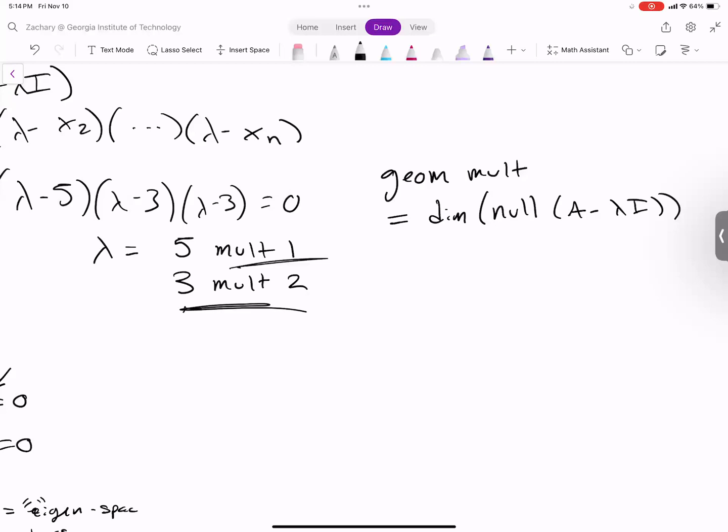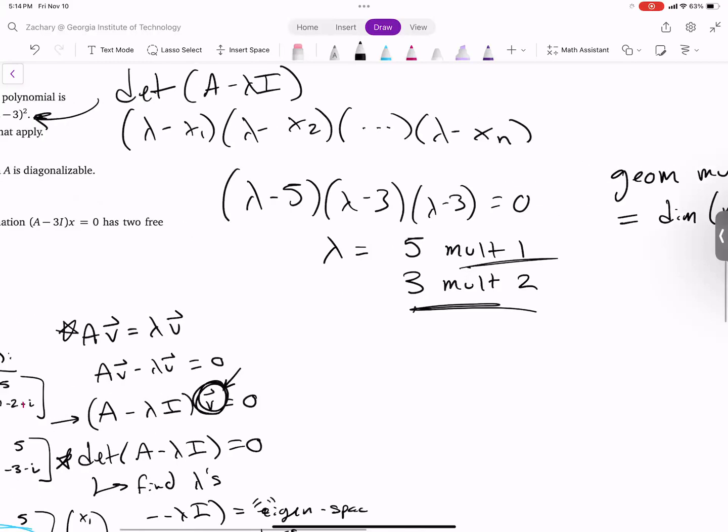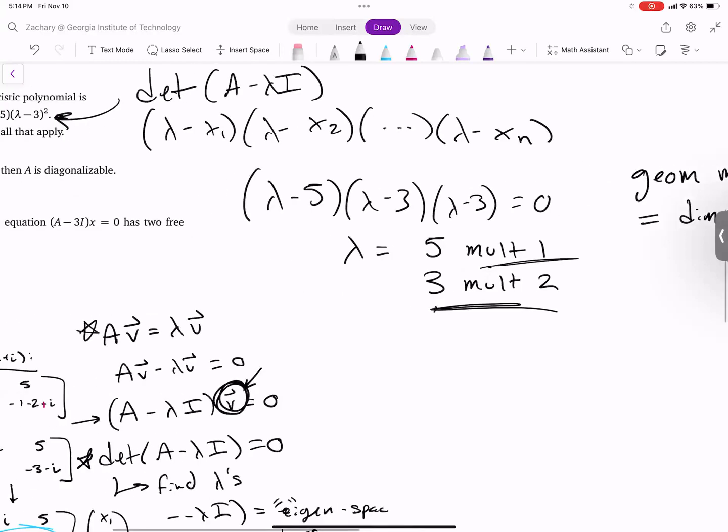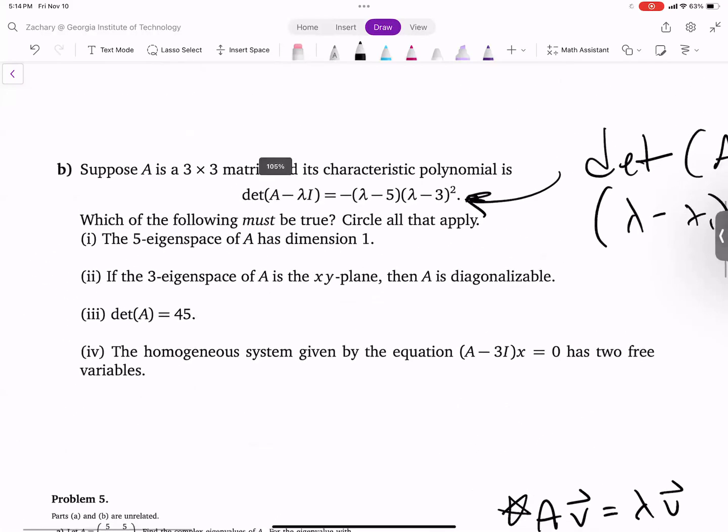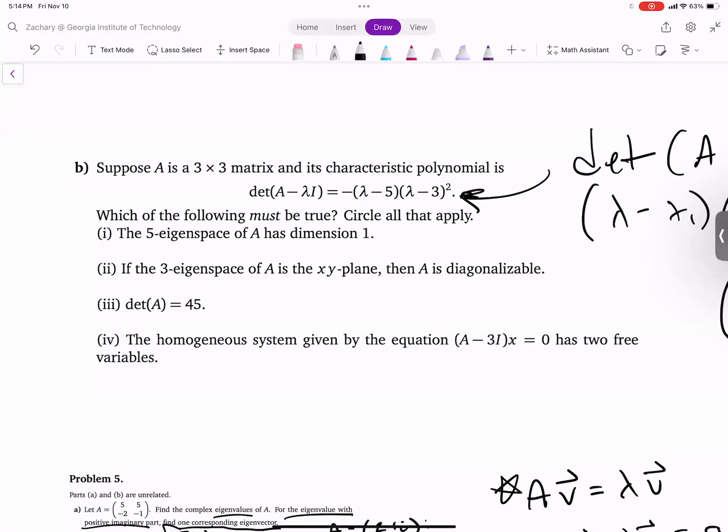Likewise, how many free variables we have in A minus 3I is either 1 or 2. We can find how many free variables we have. That's how we tell geometric multiplicity. Okay? That's how that all works, okay? So, looking at this, once again, lambda equals 5 has an algebraic multiplicity of what?